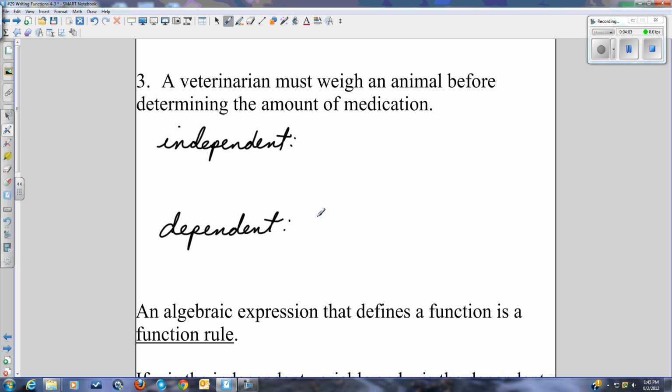And it's the weight of the animal that determines the amount of medication. So your amount of medication is your dependent variable, because that is dependent on the weight of the animal.